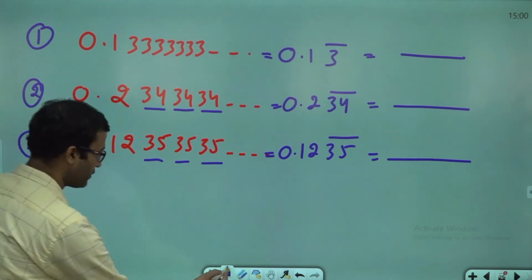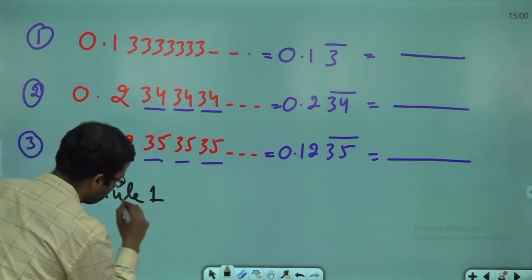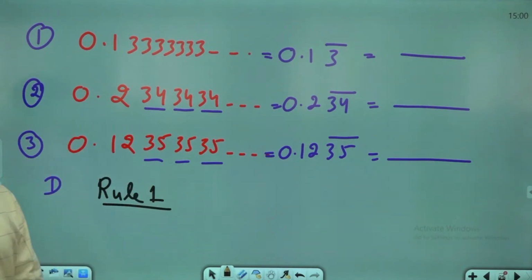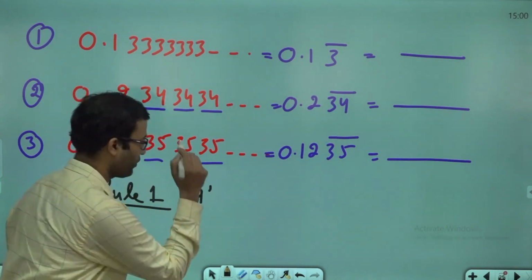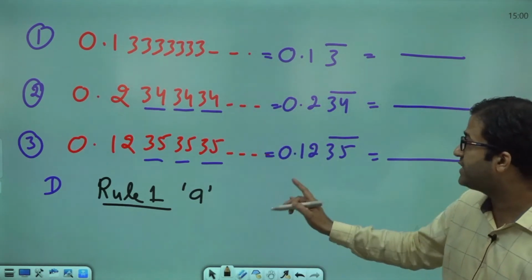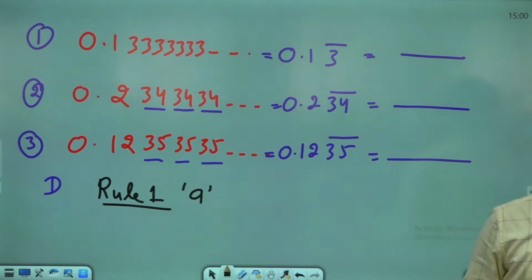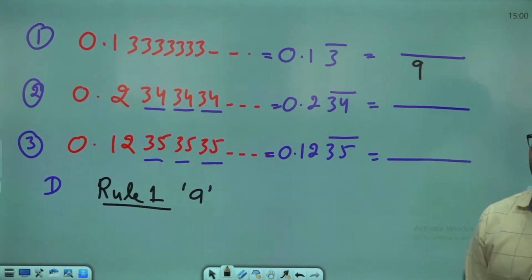Rule number 1 is for 9. In our denominator, we have as many 9s as there are digits under the bar. There is one digit, so one 9.